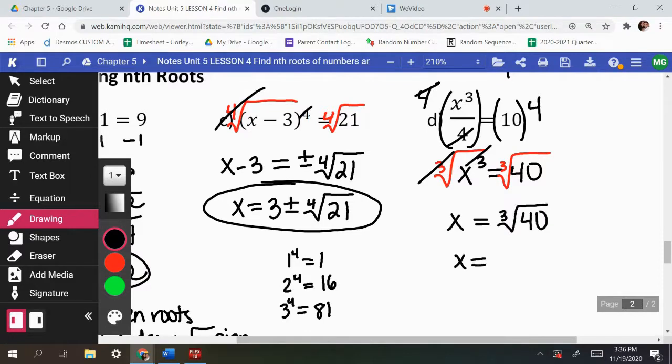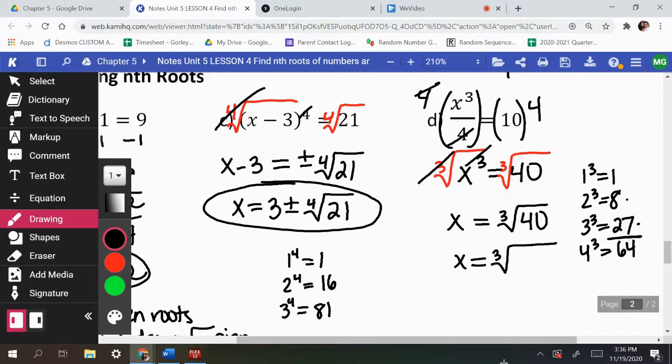Okay, let's see if I can simplify this at all. What are my perfect cubes? 1 cubed is 1, 2 cubed is 8, 3 cubed is 27, 4 cubed is what? I think it's 64, right? So 40 falls in between that. So is 40 divisible by 27? No. 8?